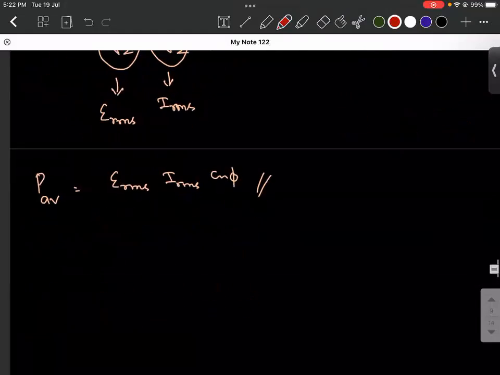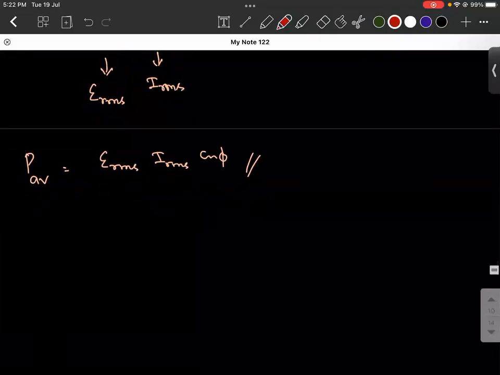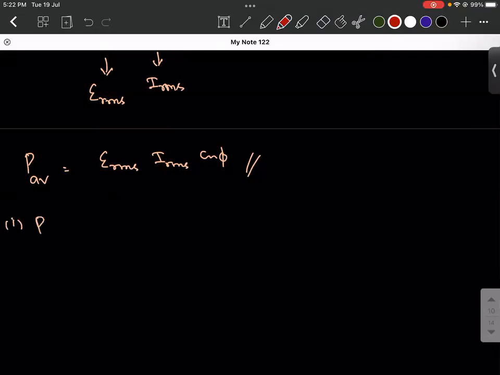Is it clear? Now you see, if it is a purely resistive circuit, what is the value of phi? Phi is the angle between EMF and current. So for a purely resistive circuit, what is the angle between EMF and current?